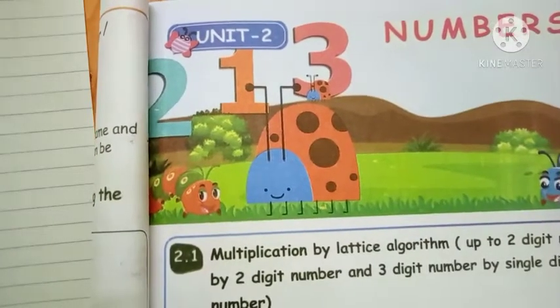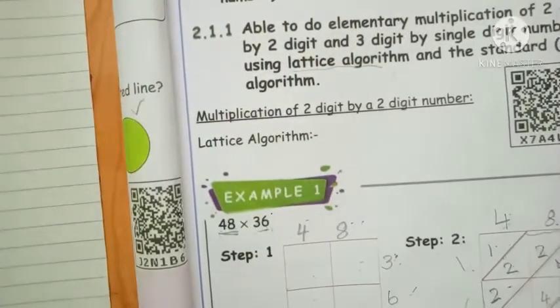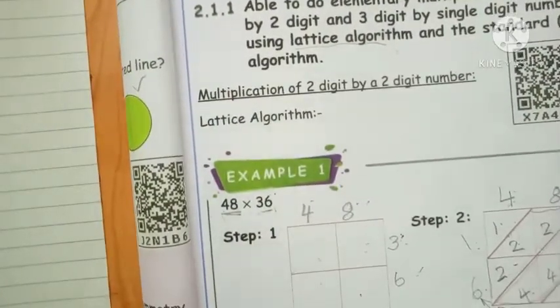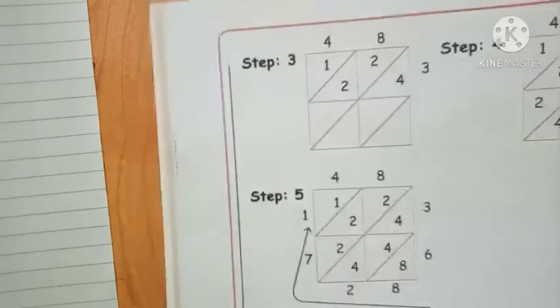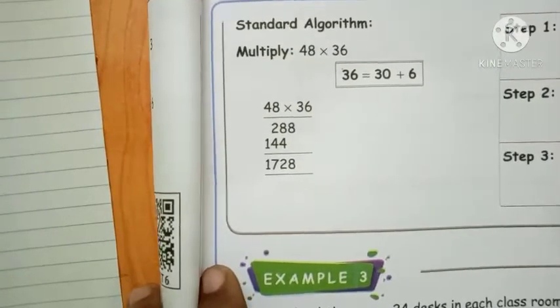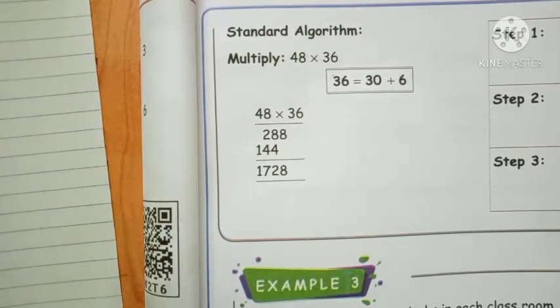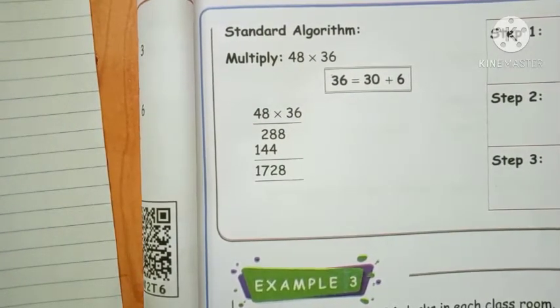Unit 2 numbers. This is the lattice algorithm, where you use boxes to do the multiplication. The next method is the standard algorithm. These steps were for the lattice algorithm. Here you do the standard algorithm, which you studied last year.